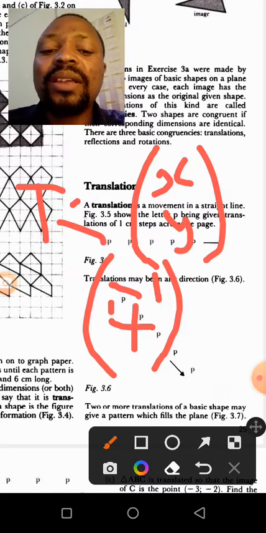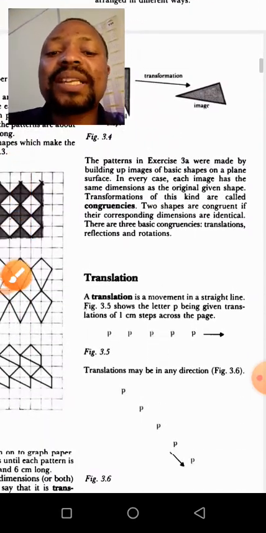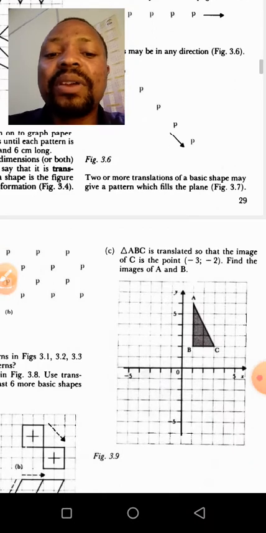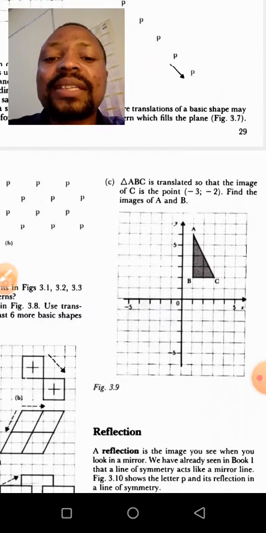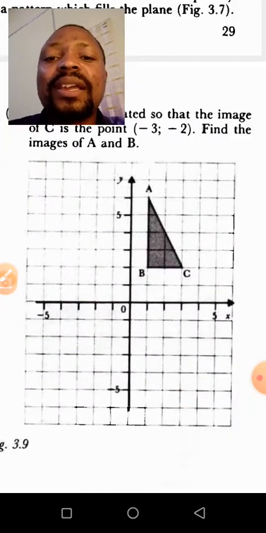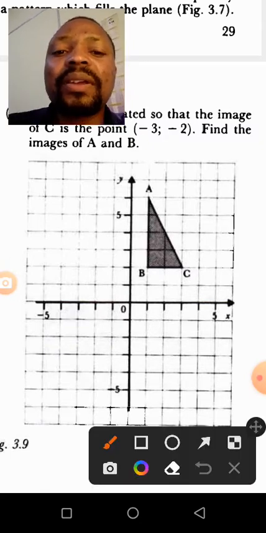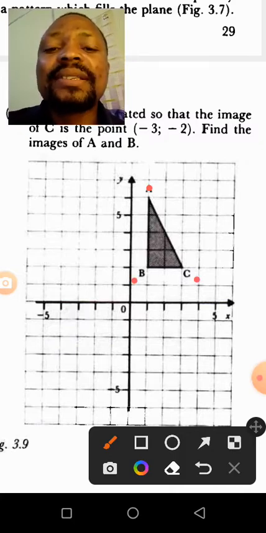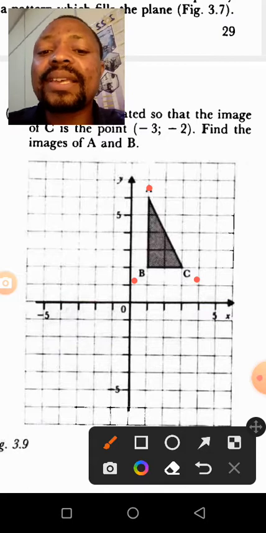Don't worry, we are going to show you more in a Cartesian plane how we transform a shape from a point. As you can see now, this is a Cartesian plane, and you can see a triangle ABC in it, where we have the y-axis and the x-axis.